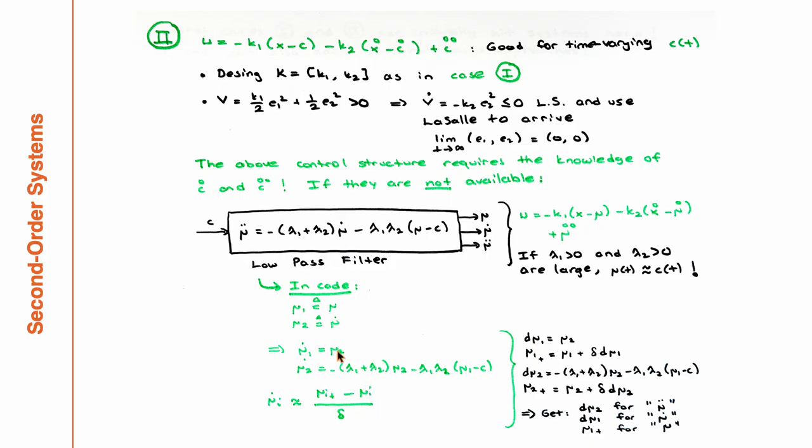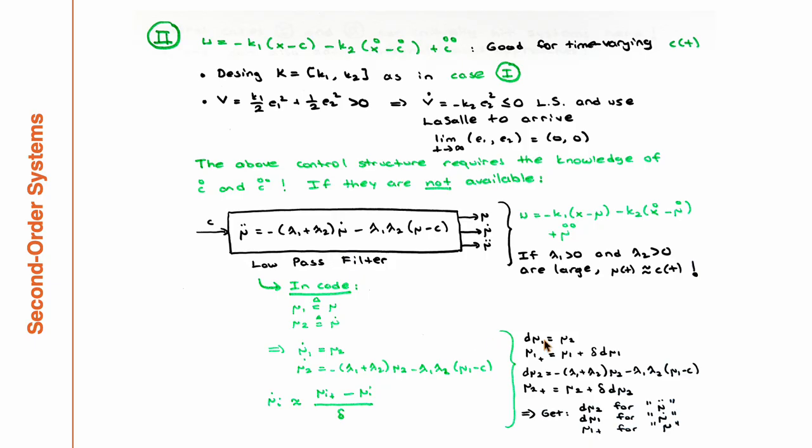Anyhow, how you code this is, after applying this, it is not hard to see: take this, make its left-hand side equal to this, and you are going to get these two equations. Likewise, instead of mu2 dot, approximate its left side by this, and make it equal to the right-hand side, then you are going to get these two equations. If it is hard to see, pause the video, do what I suggested, put these to their left-hand sides for mu i equals 1 and 2, and you are going to get these two equations.